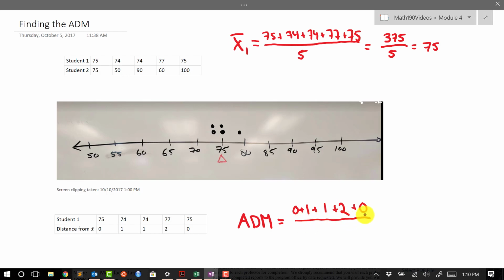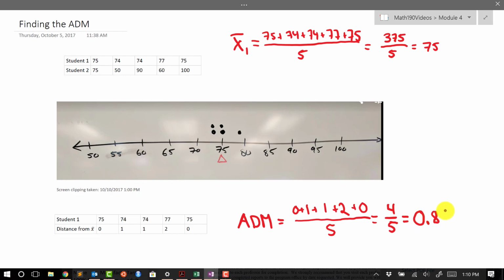And we're going to divide that by 5, which is exactly what we have. So when we put those together, we get 1 plus 1 is 2, so this is going to be 4 out of 5.